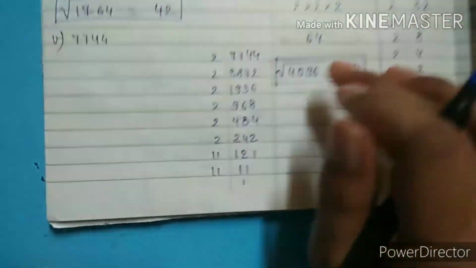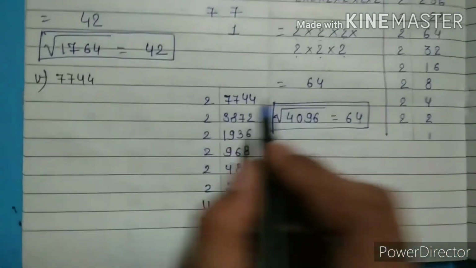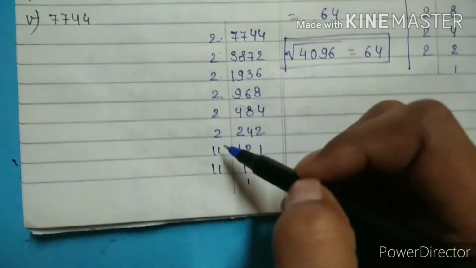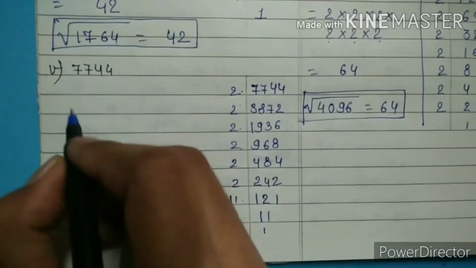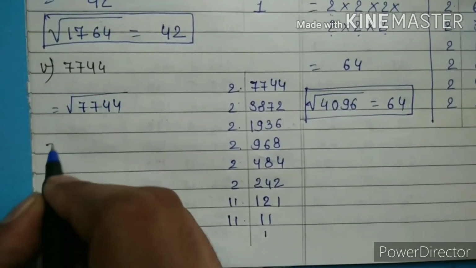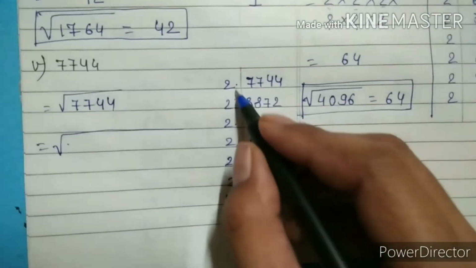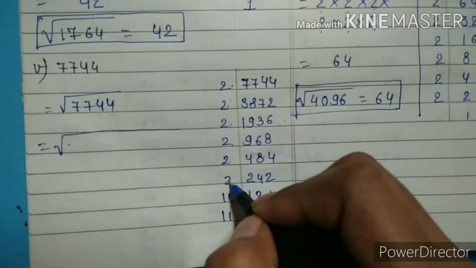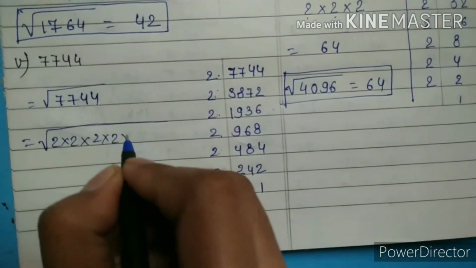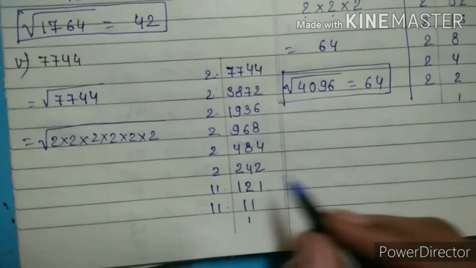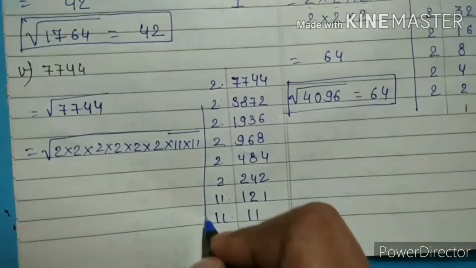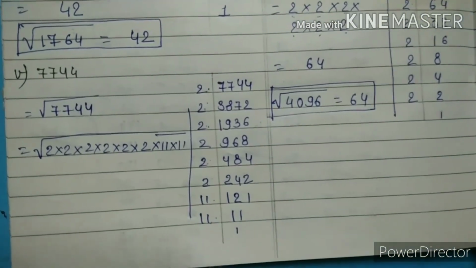Now fifth I already did. Its prime factors are 2, 2, 2, 2, 2, 2, 11 and 11. So we have to find the square root of 7744. Its prime factor is 6 times 2, and 2 times 11. Now we have to do the pairing.